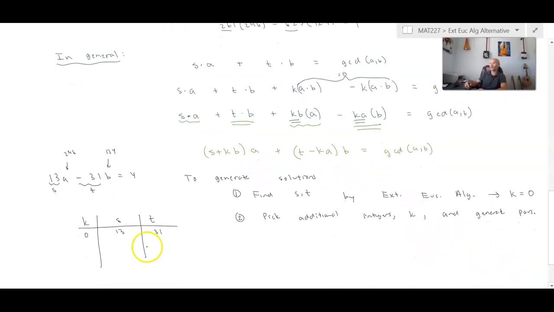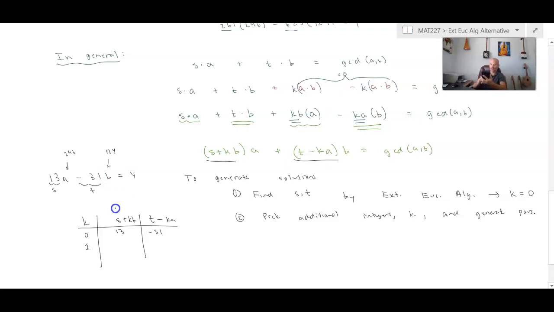And now I'll pick another value of k. So if I pick the value of k of 1, well, let's see. The s will actually be s plus kb, and this will be t minus ka. Okay, that's that and that. So if k is 1, then I'll take s, which is 13, plus 1 times b. b is 124.